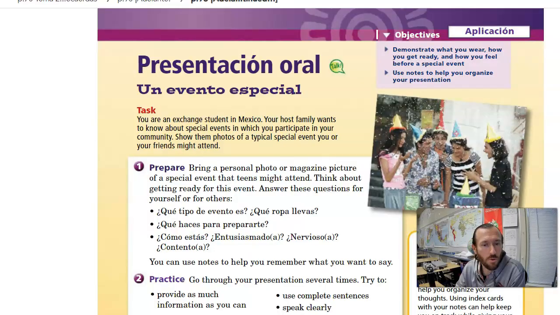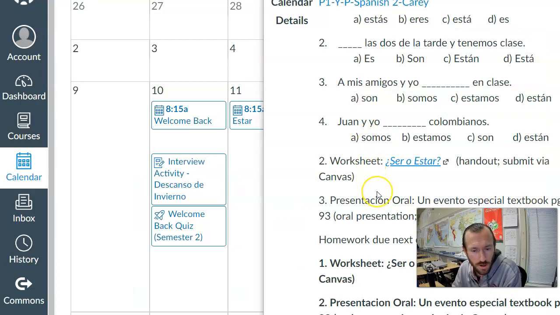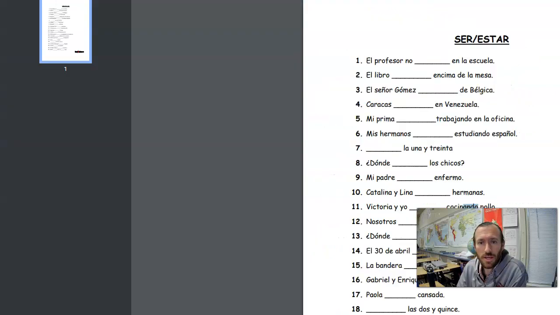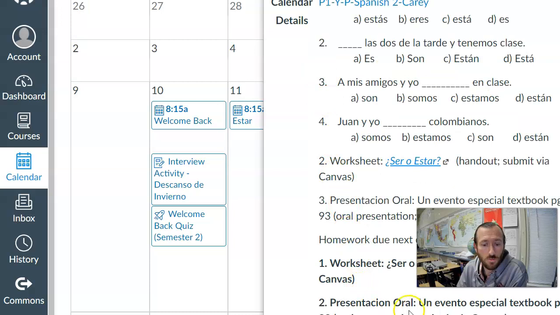So that's what I'm looking for in your presentación oral, un evento especial, putting together all the vocabulary, or a good majority of the vocabulary and the grammar, that we've been looking at this chapter. And that, muchachos, is your agenda for today. Your homework is to submit that Ser Estar worksheet into Canvas, to go ahead and record your presentation and submit that as a video in Canvas.